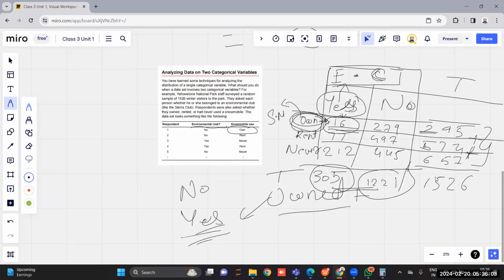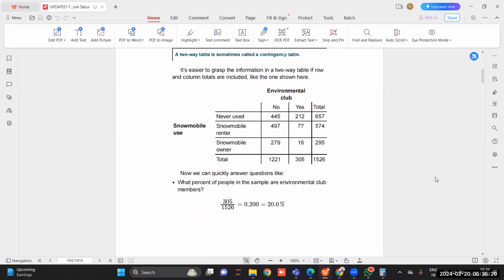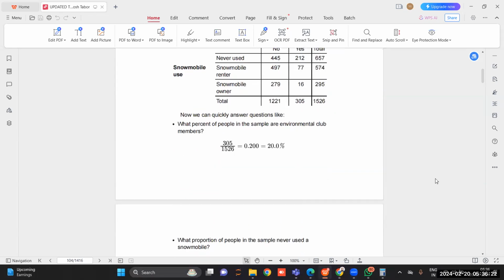How many customers did they have? See here, just 1526 were there. So the total will come to 1526. It's an attribute of the table. Have you understood how to calculate it?